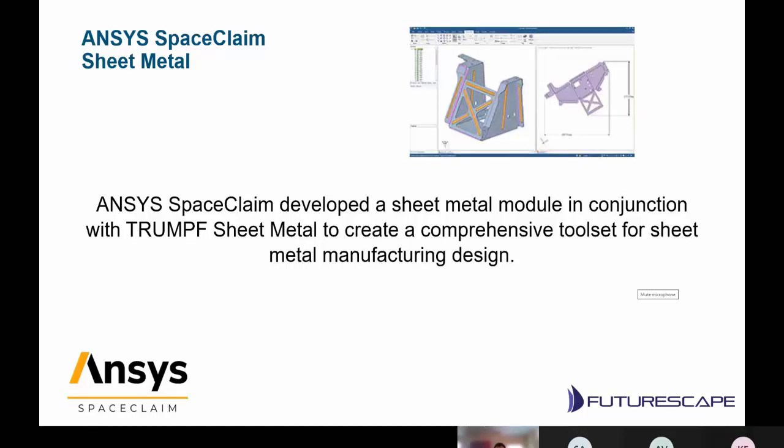So SpaceClaim worked very closely with Trump to develop their tool set. The whole point was to prepare data or files for creating sheet metal parts using the Trump machining equipment.